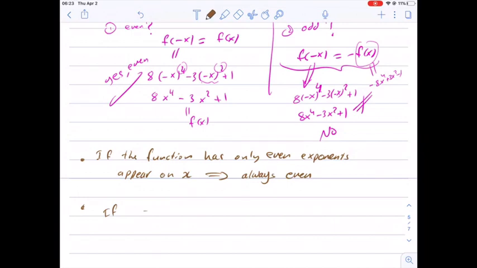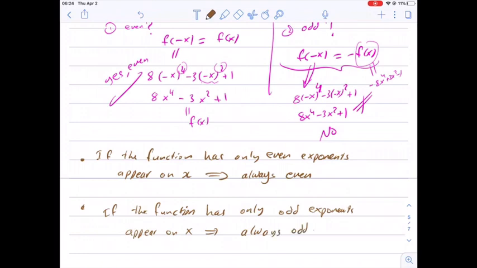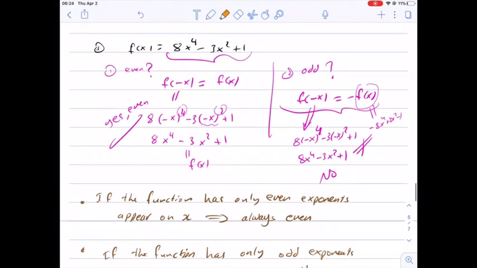Similarly, if the function has only odd exponents appearing on x, then it's always odd. As we can see from the previous example, look at the powers here. All powers of x are even, 2 and 4, so this is an even function.